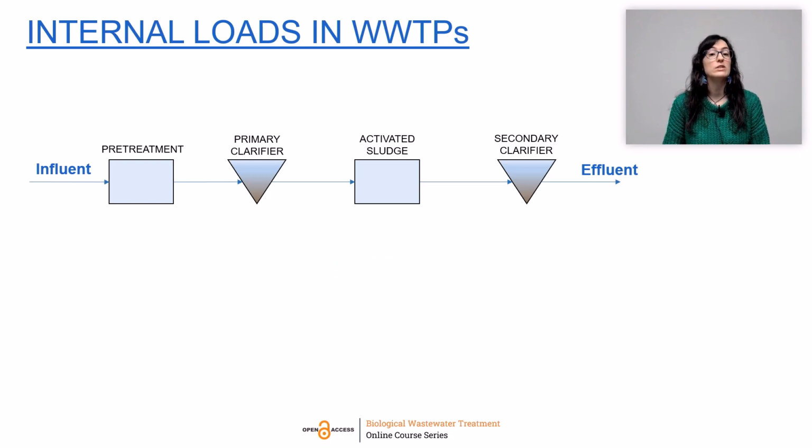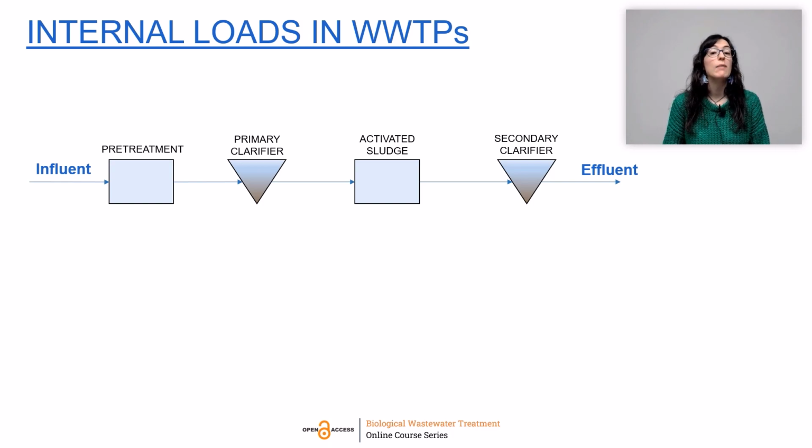Here you have a simplified scheme of a wastewater treatment plant. First, we have the water line in which the influent or the wastewater is treated. The blue arrows indicate the water stream, and each block represents the main units that are needed for the water treatment. Normally, this treatment includes a pre-treatment, primary clarification, activated sludge, and a secondary clarification.